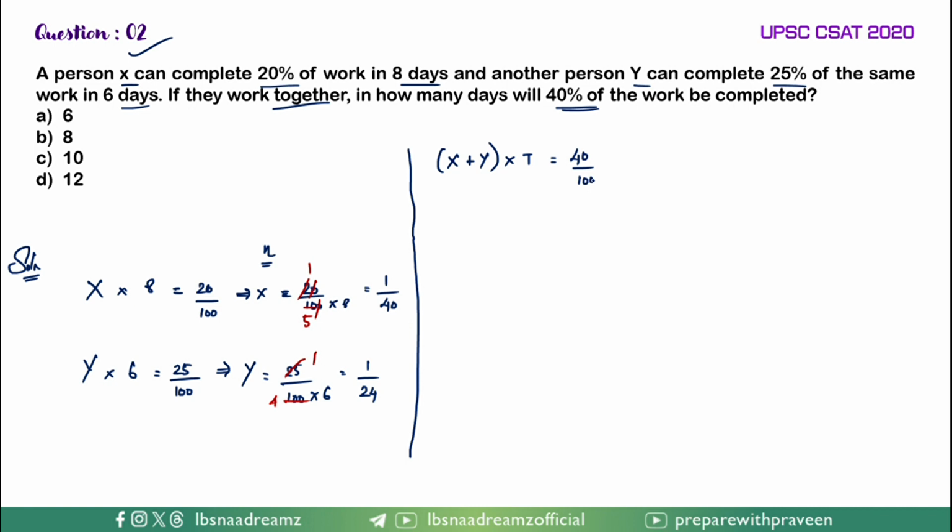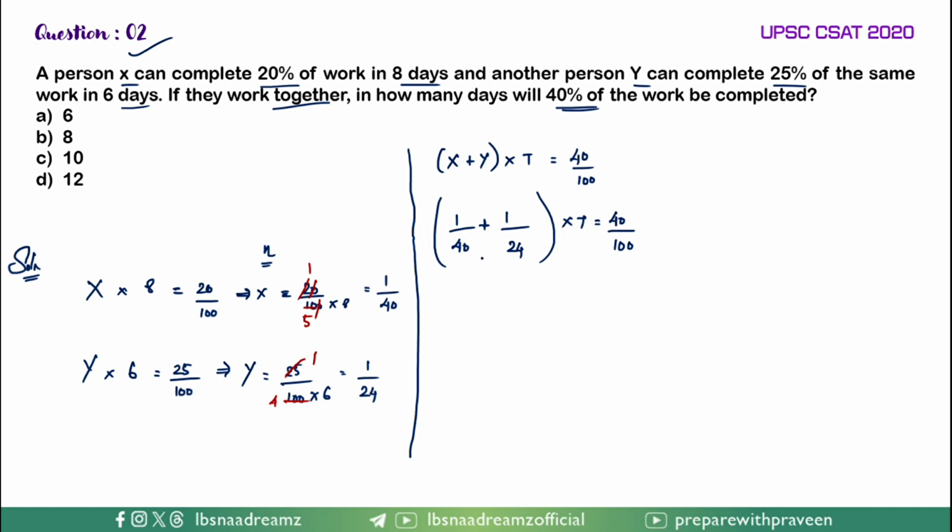So 40 by 100. Apply the values: X is equal to 1 by 40 plus 1 by 24 into T is equal to 40 by 100.